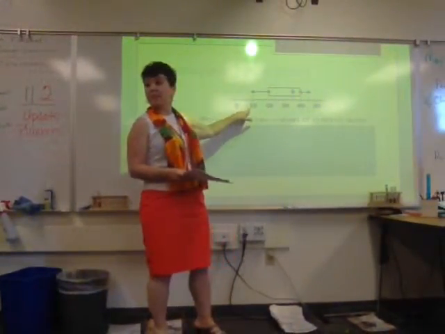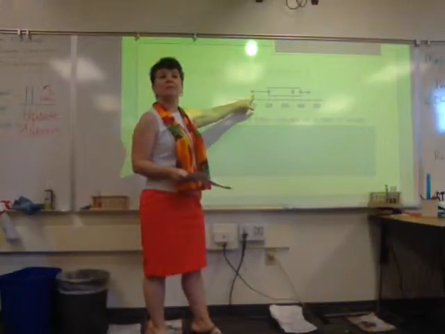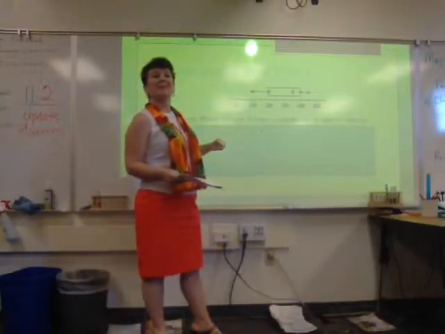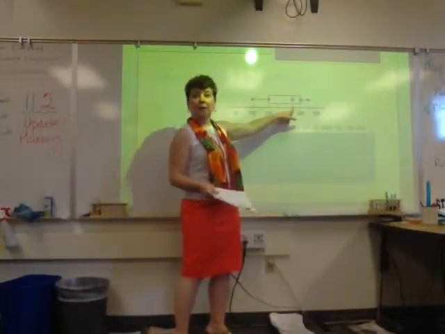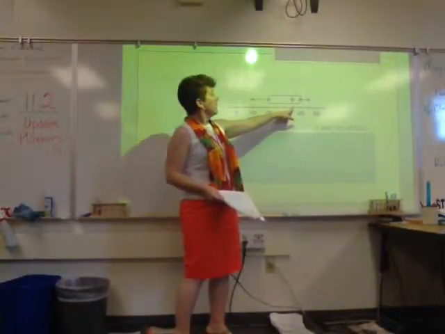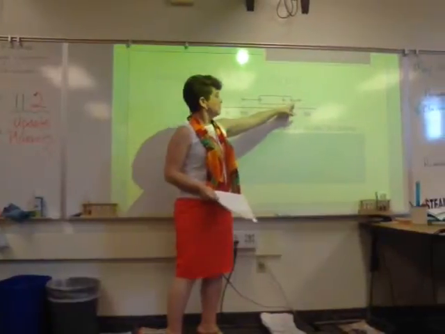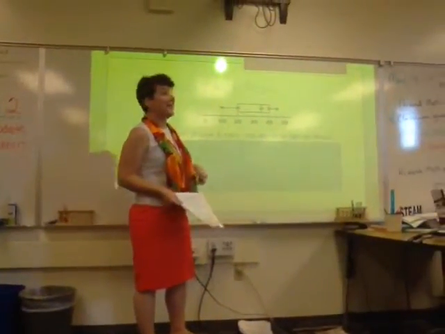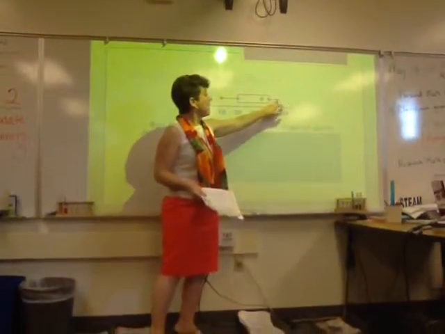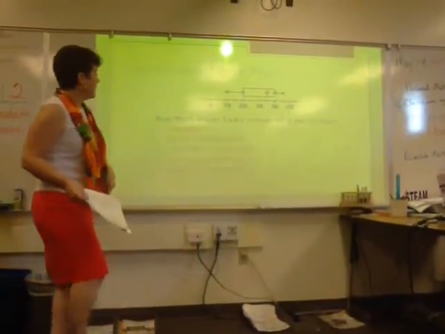Not necessarily the number line, the box plot. All right, Precious? No? Jose? The median. Okay, Chloe? Upper and lower quartiles. Mina? And the greatest value. All right, next slide.